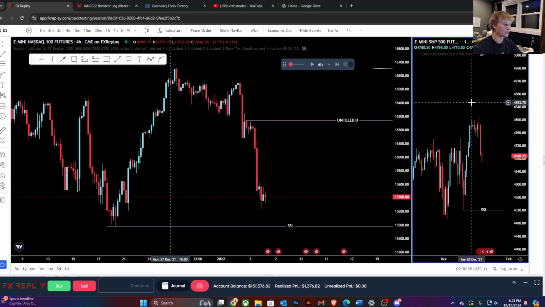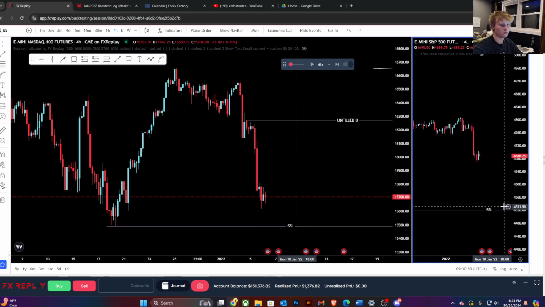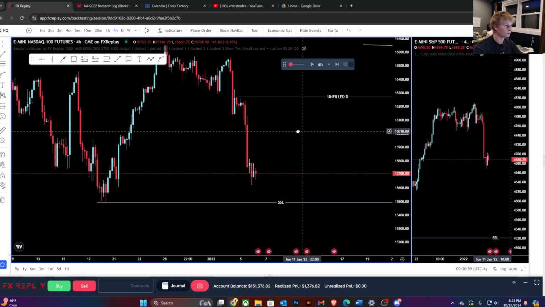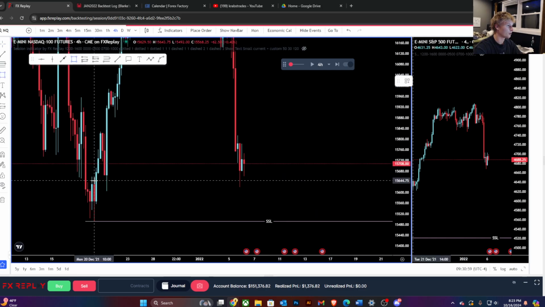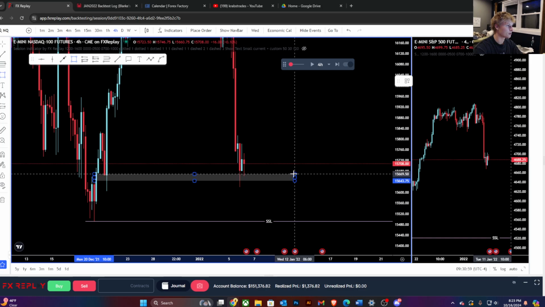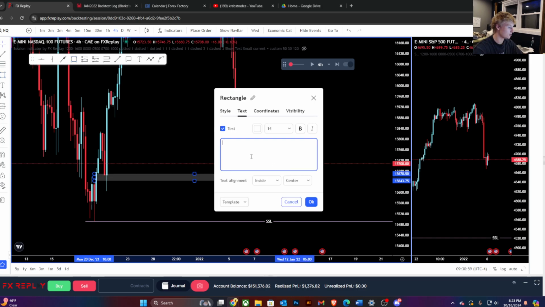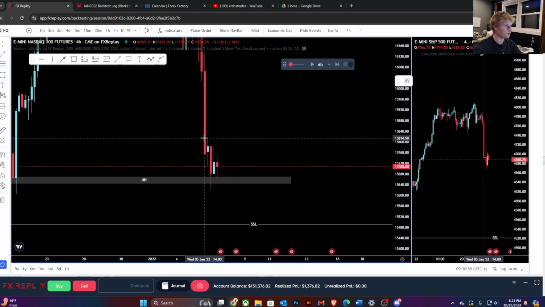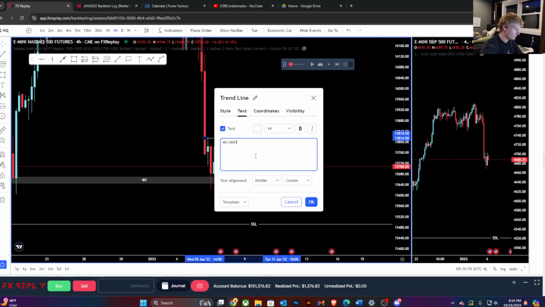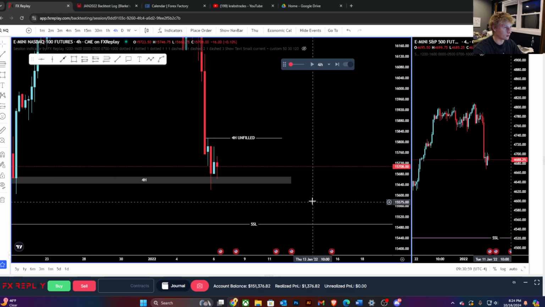Hop on the 4 hour now, see what it's telling us. It looks like we are in a 4 hour gap right now, right here, which we did bounce off of twice. Also, we do have this unfilled 4 hour gap up here. We could want to rebalance to there before continuing down lower.